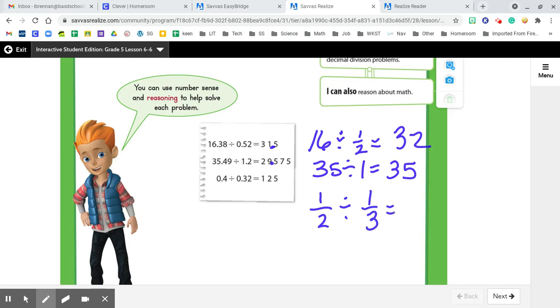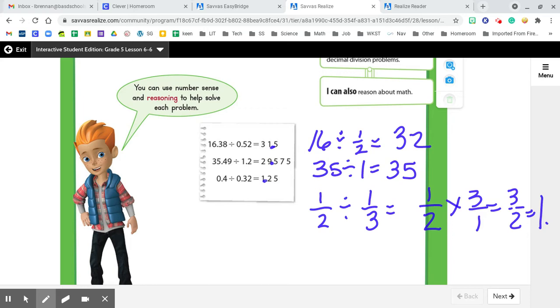What's 1/2 divided into thirds? Little preview here, 1/2 divided by thirds would be 3/2, which equals 1.5. So our answer is going to be, the decimal will be right after the 1.